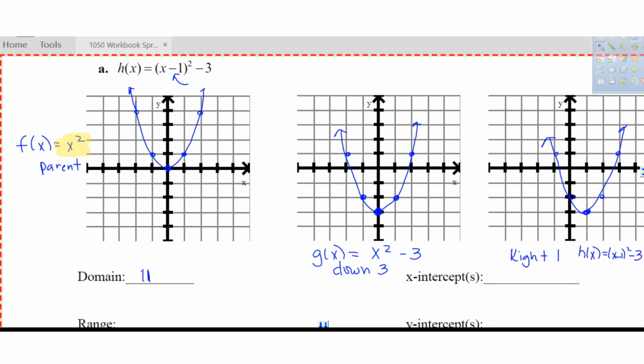The range is Y. Does every Y value touch that graph? No, if you're down low, down here, you're not touching it. But if you move up, then you finally touch it when Y is a what? What's the smallest? -3, yes. Does it actually touch -3? Yes, it does. So how do I close it? With a bracket is correct, and it goes to forever, which is an infinity.